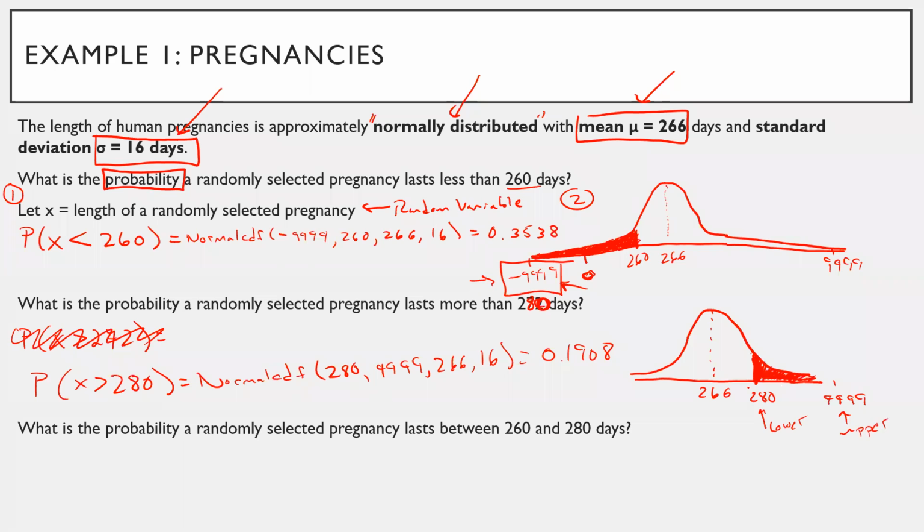Do you see how the area is to the left over here? When you have an area to the left, the lower is going to be negative 99999, and the upper is where you're stopping your area. Does that help a little?